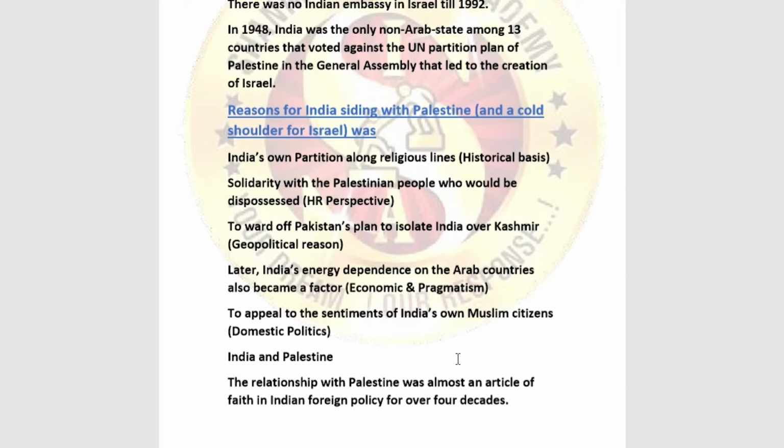Later, India's energy dependence on the Arab countries also became a factor. For these reasons, India sided with Palestine. There was also the need to appeal to the sentiments of India's own Muslim citizens, since we are a secular country. That is domestic politics, also one of the reasons.